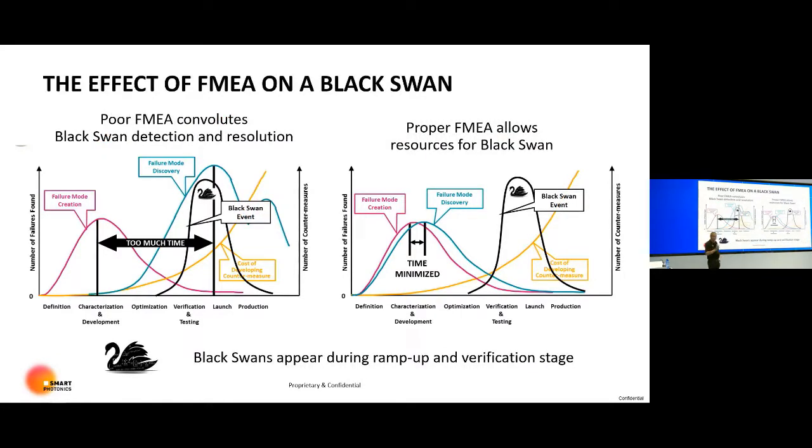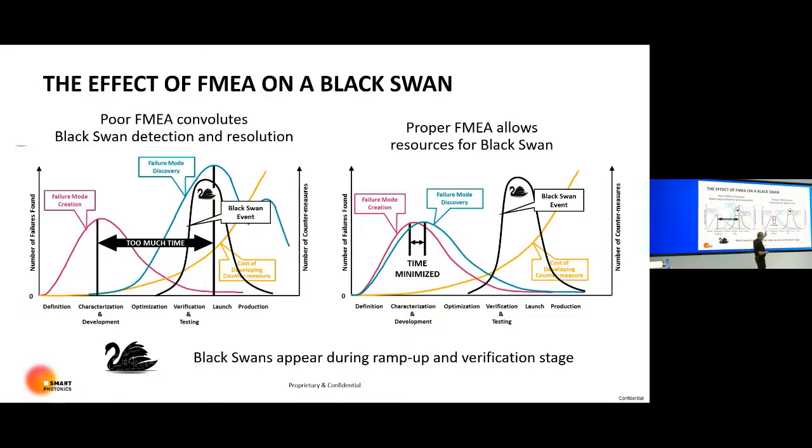So how does this relate to the black swans? If you have a poor FMEA and you're almost at the end, they all happen at the same time. You can't tell the known unknowns, the unknown knowns, and the known knowns apart, all of them happen at the same time. So you can't deconvolute them, and that's a guaranteed failure.